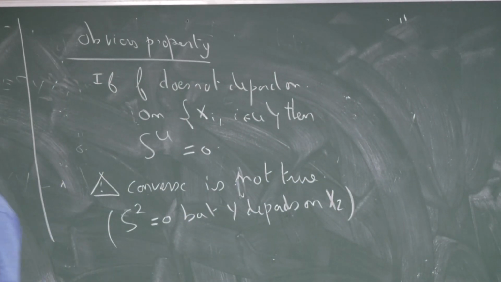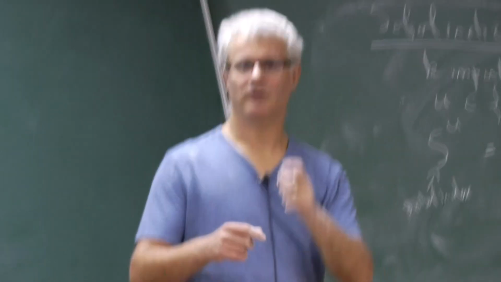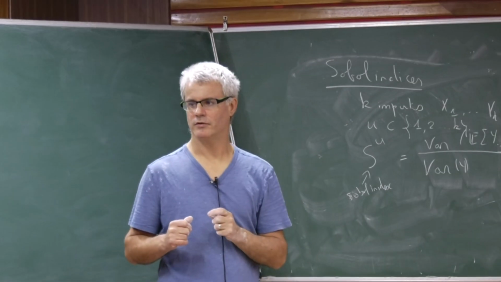So you have to be careful. The converse of this property is not true. In the example, we saw that S2 equals 0, but Y depends on X2. It means that if you find S2 equals 0, alone X2 has no influence, but interacting with other variables, it can have some influence.